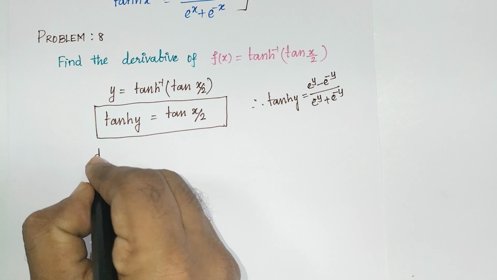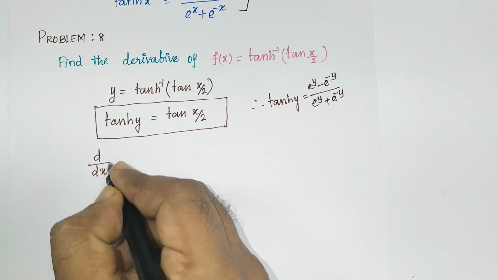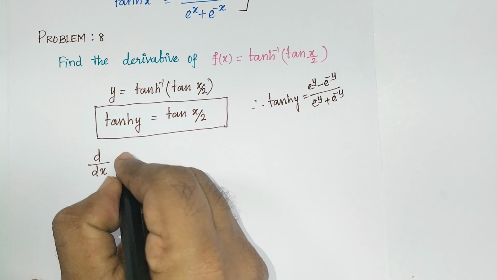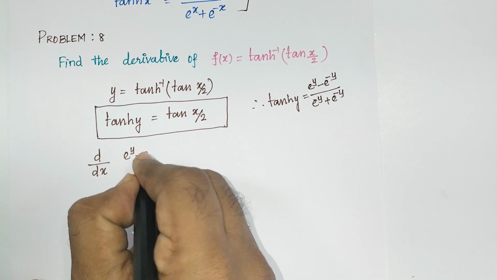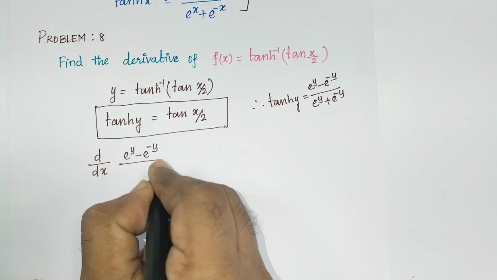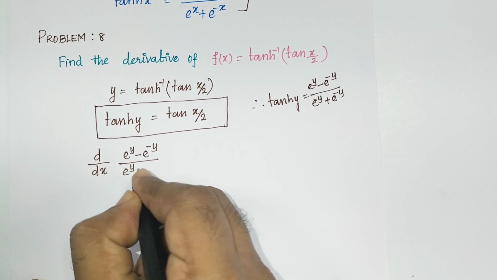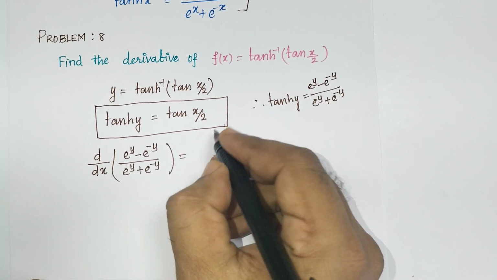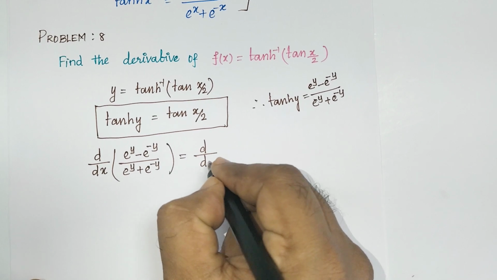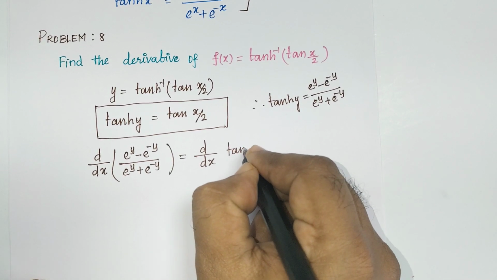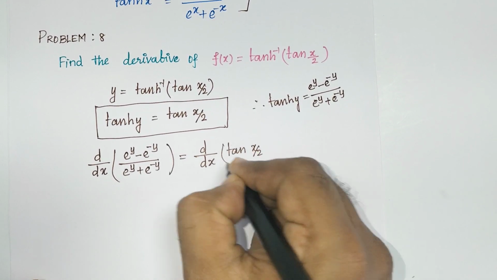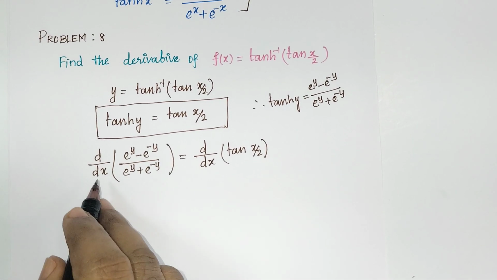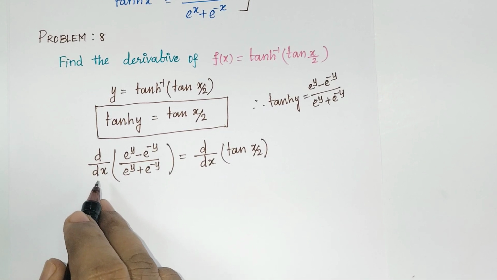So differentiate with respect to x. This tanh y I will write here e power y minus e power minus y divided by e power y plus e power minus y equal to d divided by dx of tan of x by 2. Okay, so here I am going to differentiate with respect to x.